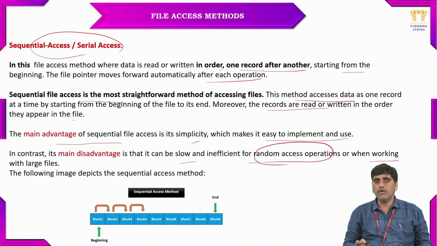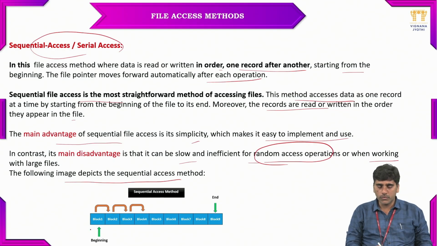If we have multiple files or a large number of files, then it is not possible to go to the particular location in a sequential manner. At that moment, sequential or serial access can be a limitation for that accessing method. Here you can see the following image displaying the sequential access method.